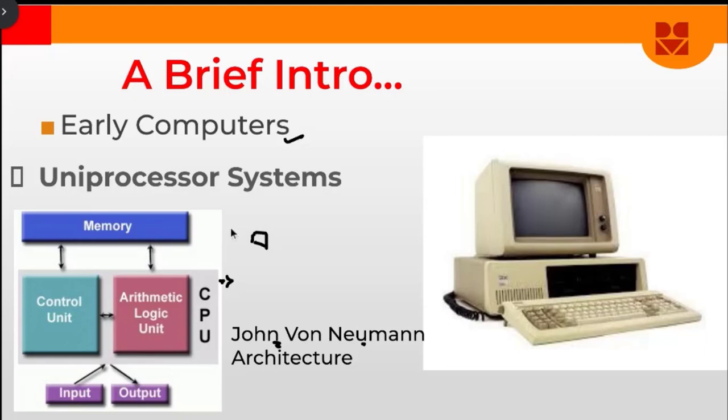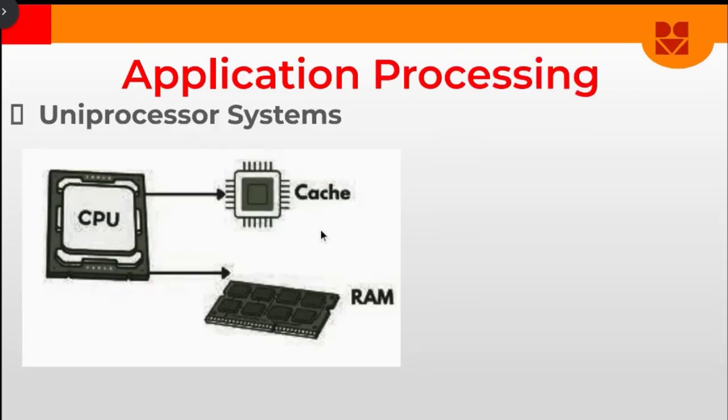So it has memory to store information permanently or temporarily, a processor to process the information, as well as input and output devices. Basically, this was the basic architecture earlier digital computers had.